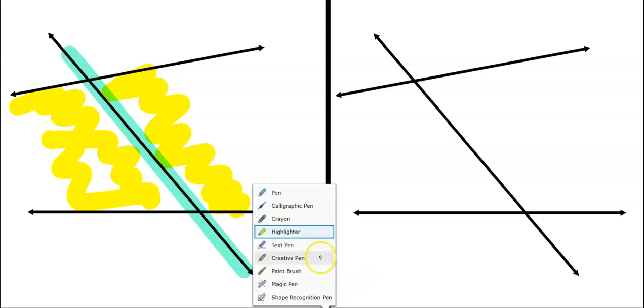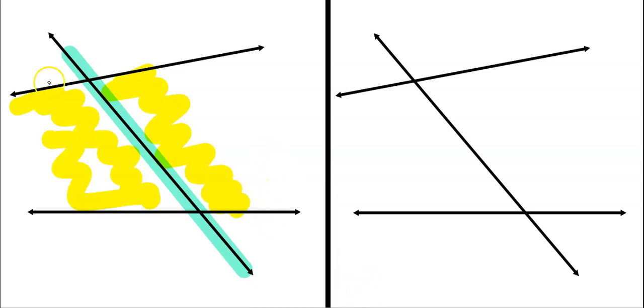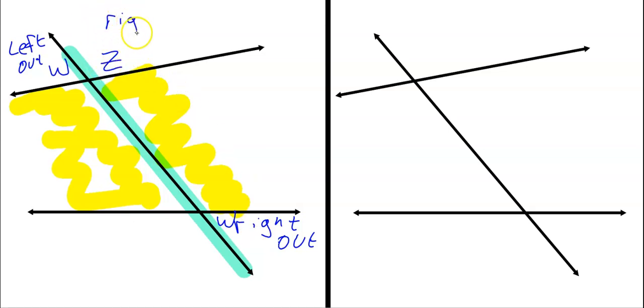So my alternate exterior angles, if I look up here, this is left and on the outside. I want to go to the other side, the right side, and on the outside. So I need to jump all the way down here. So right and outside. So a W again would go right there. We could also do a Z, and I could be right out.